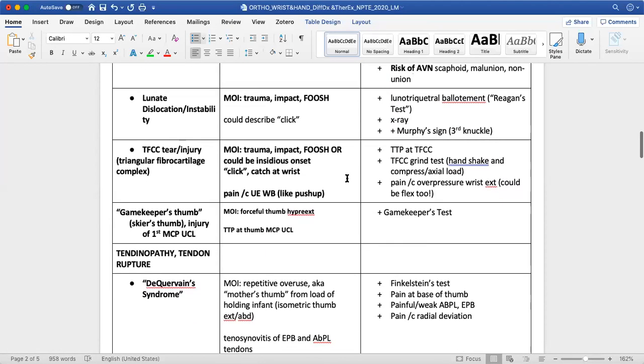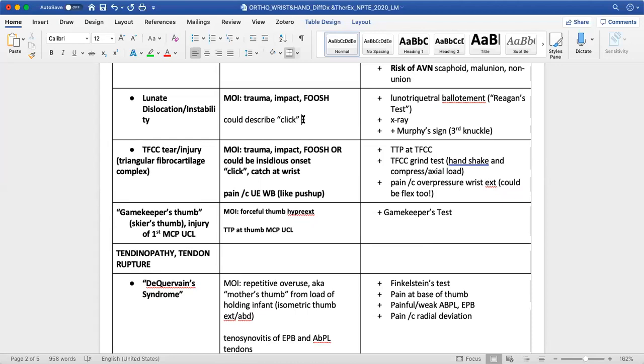Okay. So one of our instability diagnoses, and the most commonly dislocated bone in the carpals, is the lunate, because of where it falls, proximal carpal row, but in the middle. It is, I guess, at risk for instability, and in particular, the lunotriquetral ligament.